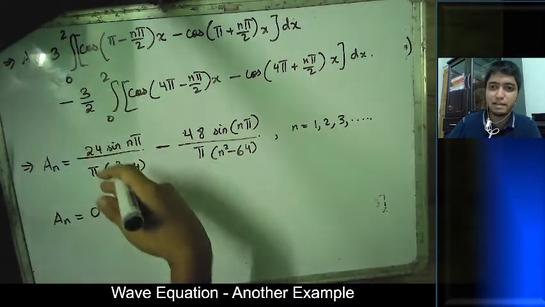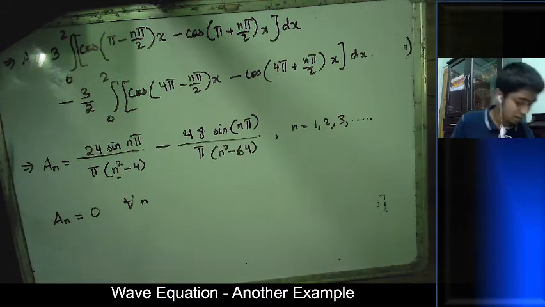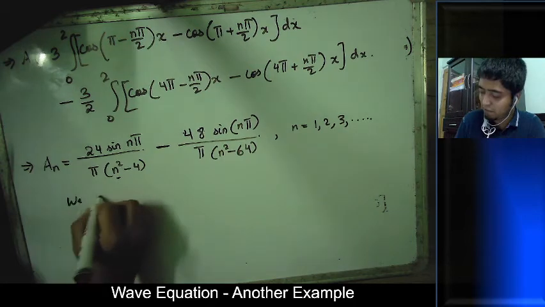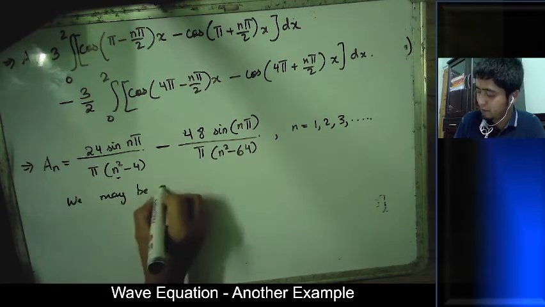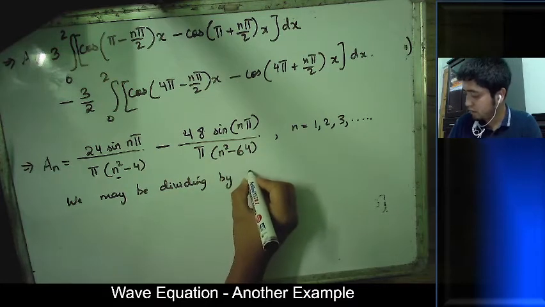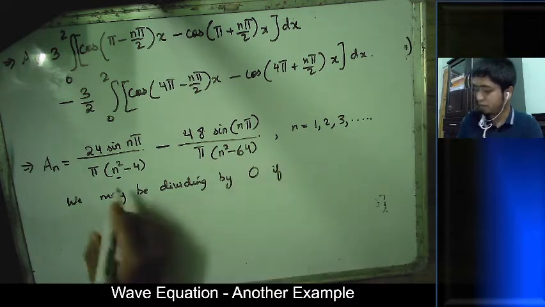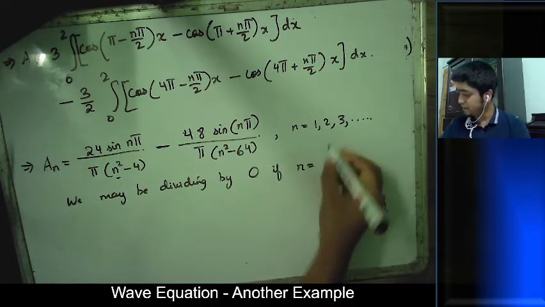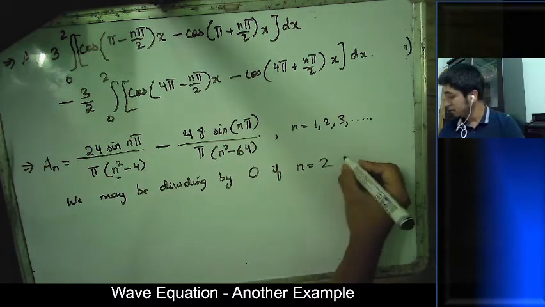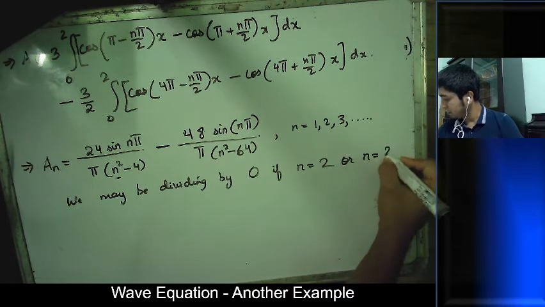We may be dividing by 0 if the value of n is 2, because 2² minus 4 will be 0, or n equal to 8.